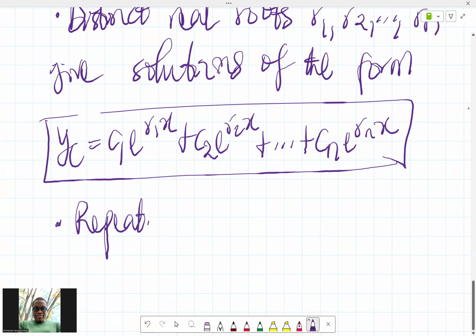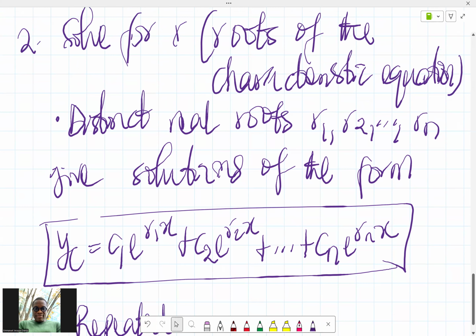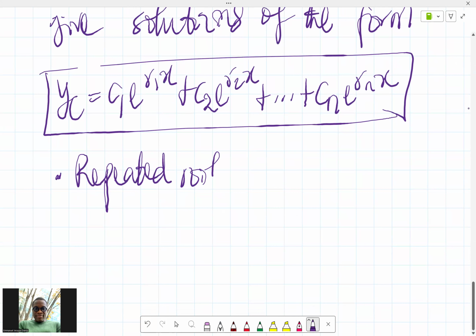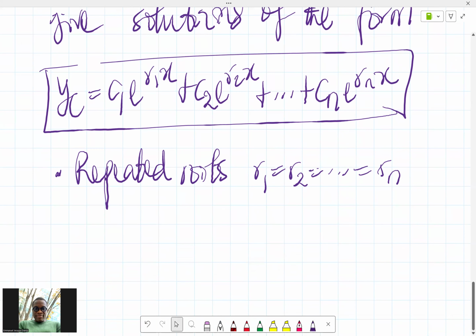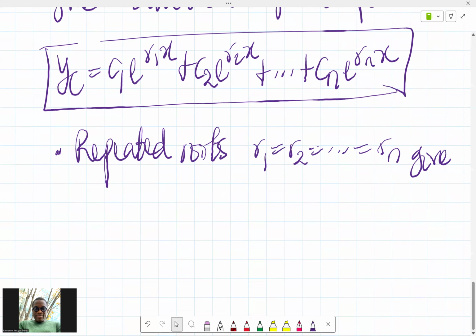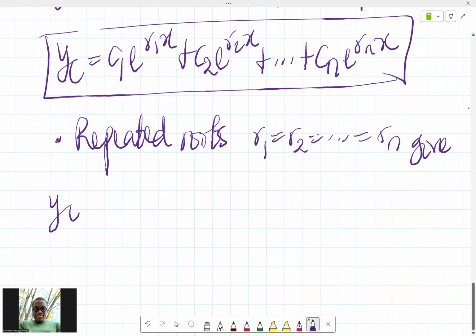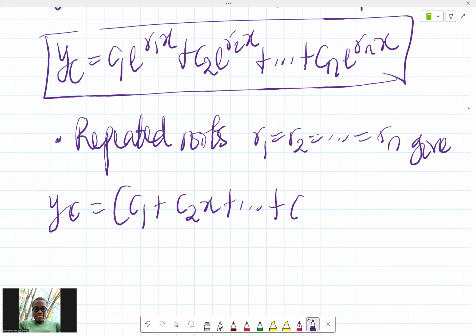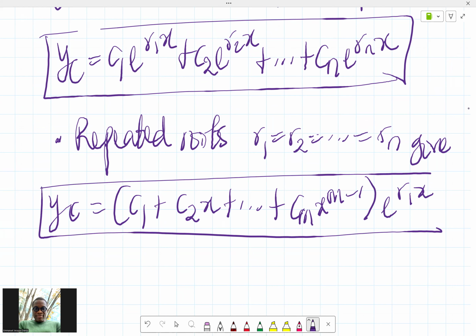So if you have the same roots repeated all over, repeated roots, r_1 equals r_2 equals all that up to r_n, that is, all the roots are the same, would give y_c, that's the complementary solution. y_c will now be (c_1 plus c_2 x plus all that, down to c_n x^(n-1)) e^(r_1 x), because the roots are the same all the way. That's when you have repeated roots.